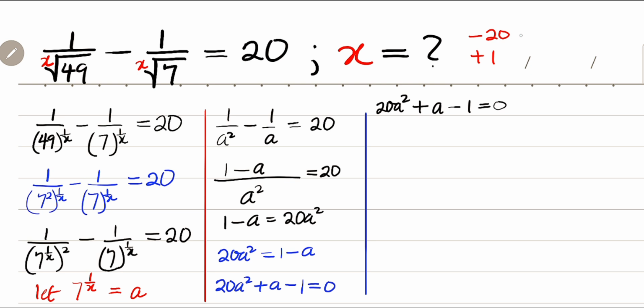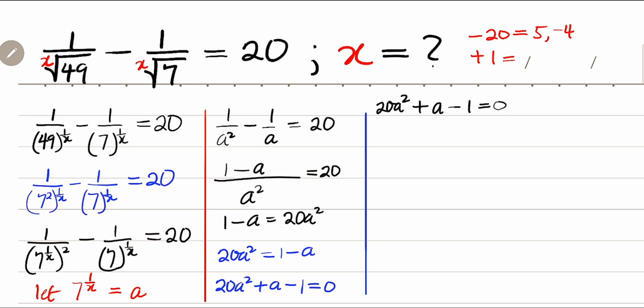So what are those two numbers which when we multiply would give us negative 20 and when we sum them give 1? It should be 5 and negative 4. When we multiply these two numbers, we have negative 20, and when we sum them, we have 1.